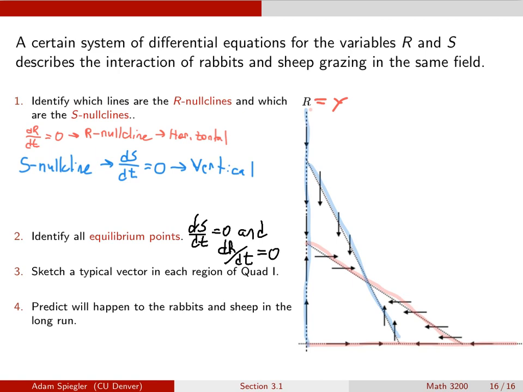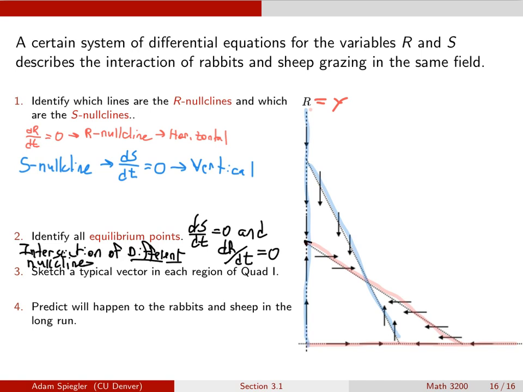So in other words, this is going to be an intersection of different nullclines. And that's important to note here. So let me illustrate what I mean by that.